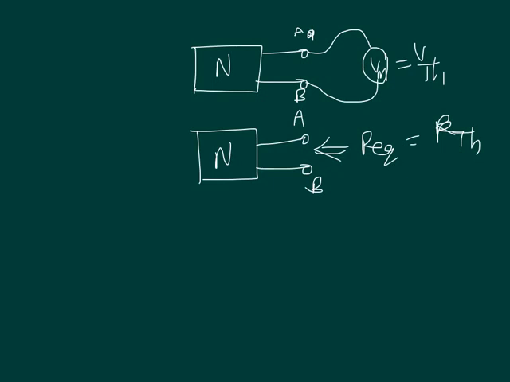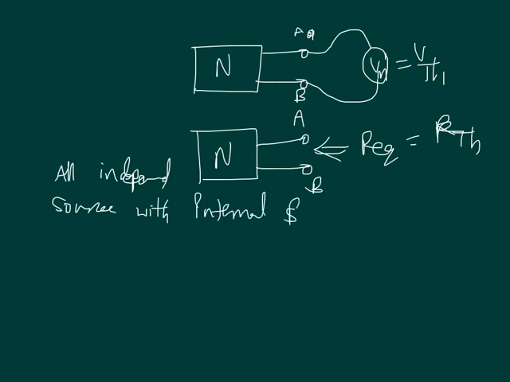But before measuring RTH, we have to replace all the independent sources with internal resistances. The internal resistance of a voltage source is Rs equal to 0, that is short circuit.